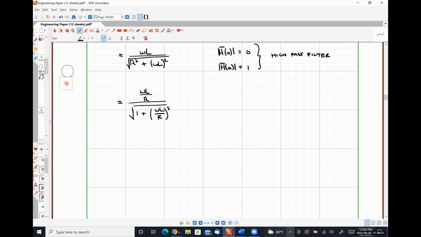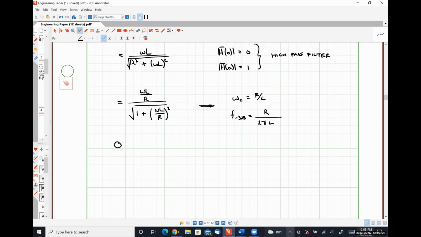Okay. So if omega is equal to R over L, then this is satisfied. It looks like 1 over square root of 2, right? And our 3 dB frequency is then R over pi L.